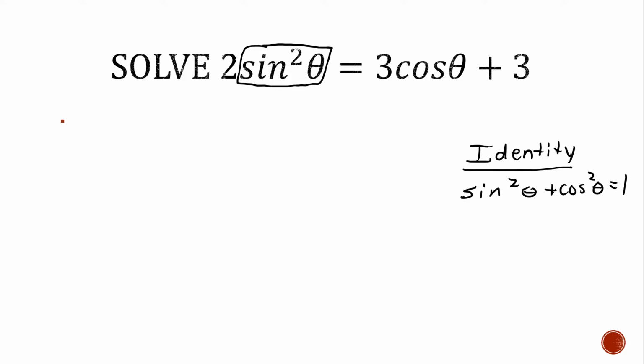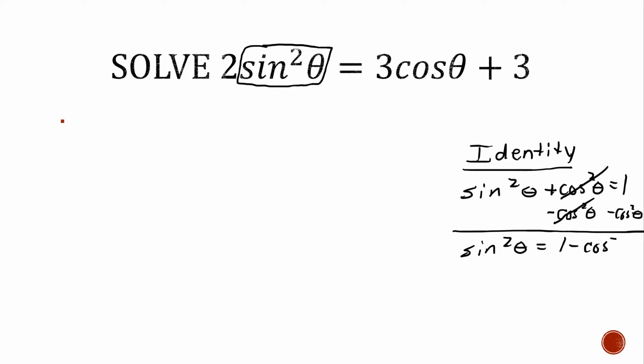I want sine squared by itself on one side of the equation, so I need to subtract cosine squared from both sides. That tells me that sine squared theta is the same thing as 1 minus cosine squared theta.